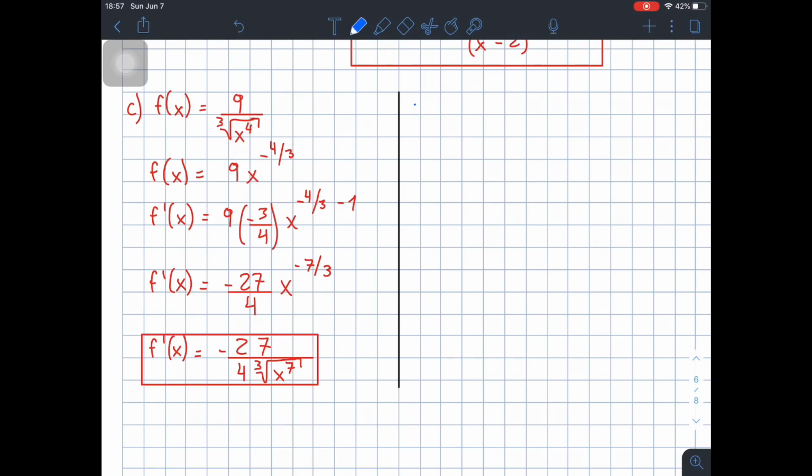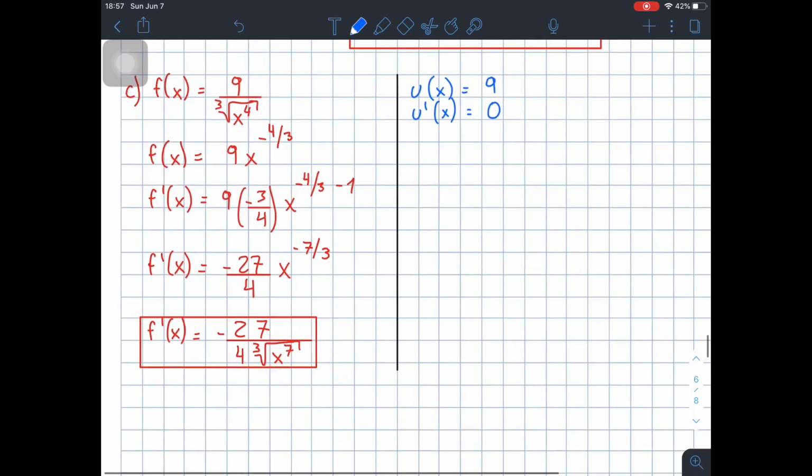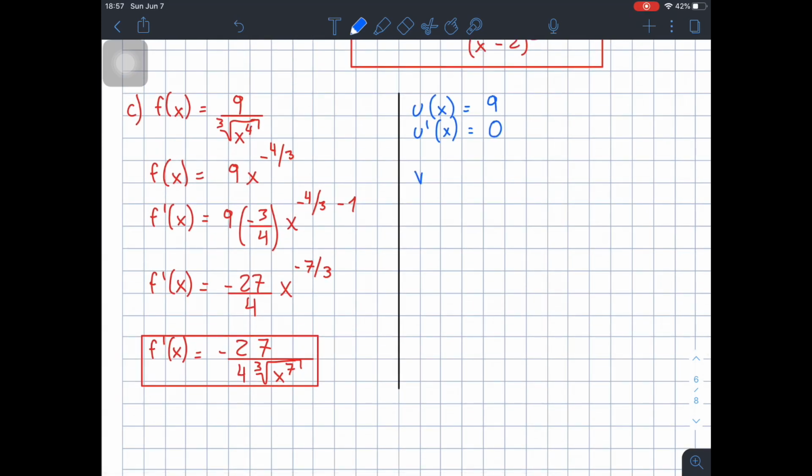So if I call u of x the function in the numerator, it's 9. So u prime of x in this case would be 0, right? And if I call v of x whatever I have in the denominator, then this would be the cubic root of x to the power of 4, which is the same as x to the power of 4/3.